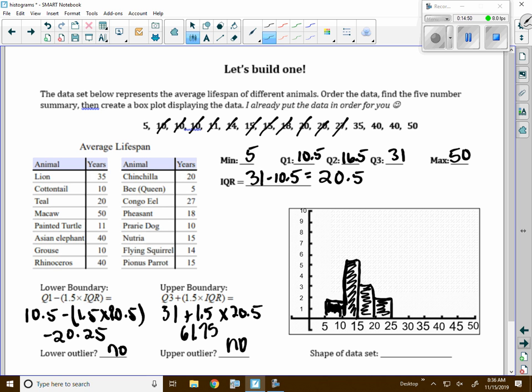Just 1, right? And 30 to 35. None. 35 to 40. 1. 40 to 45.